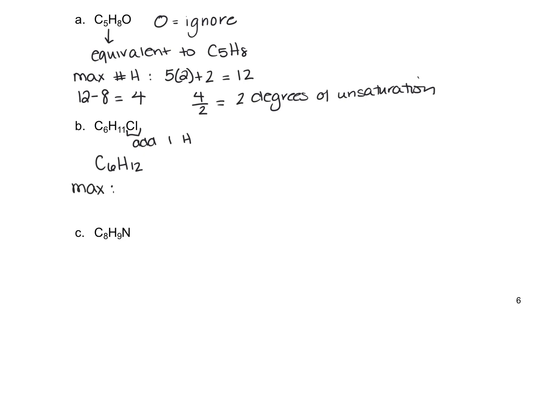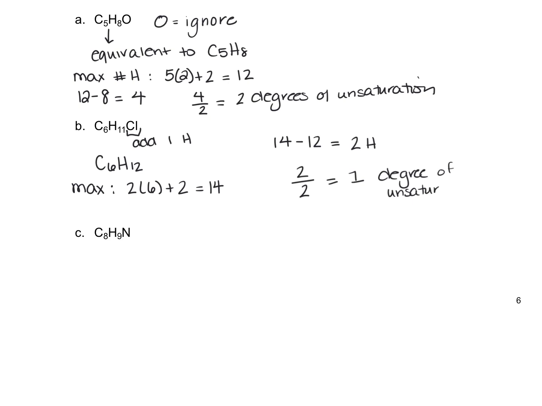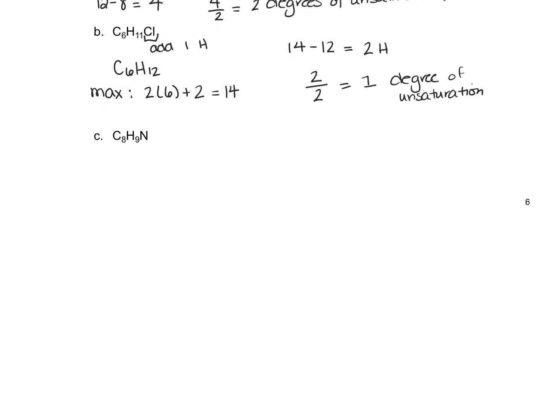Our max here is 2 times 6 plus 2, and that gives us 14. We take 14 and subtract 12 to figure out the number of hydrogens that are missing. So there are 2 hydrogens missing. 2 divided by 2 gives us 1 degree of unsaturation. That could be a double bond or 1 ring. So there are a lot of options there.